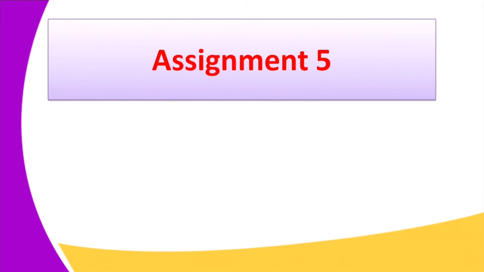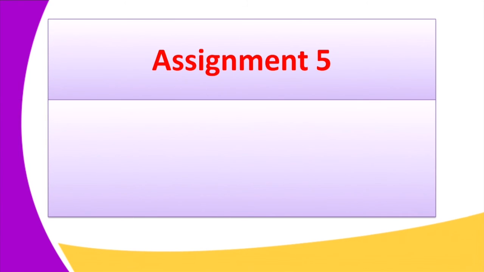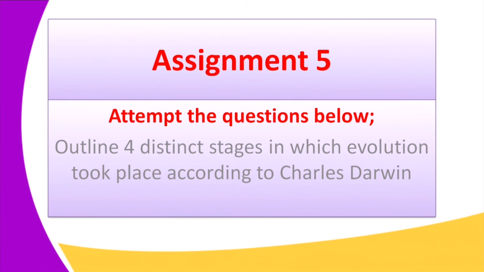So this has come to the end of our lesson today, and we have discussed the distinct processes or stages of evolution of man. I want to leave you with an assignment that you will do, so that in the next lesson we shall start from this as we view the questions together.